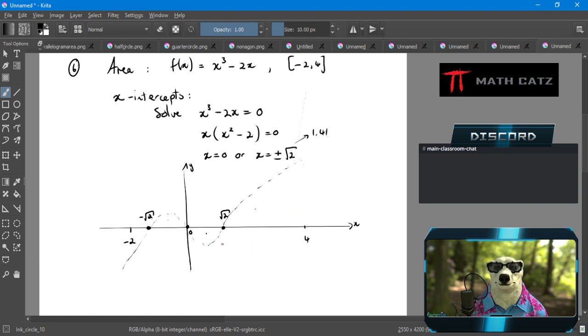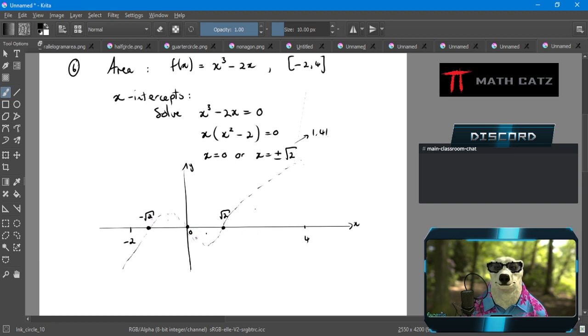It doesn't matter if there's just one section, if there are 10 sections, it's all the same, regardless of what the graph looks like. The x-intercepts that fall inside my interval tell me how to separate the given interval.